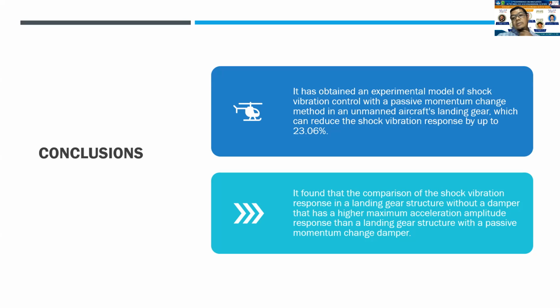We found that in the comparison of the shock vibration response, the landing gear structure without the damper has a higher maximum acceleration amplitude response than the landing gear structure with the passive momentum exchange damper.